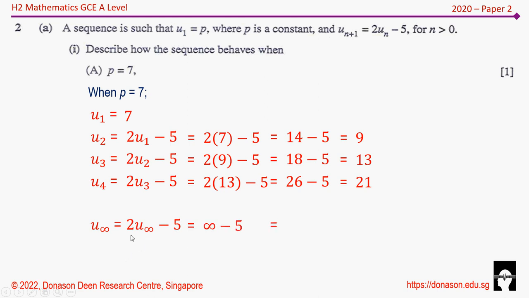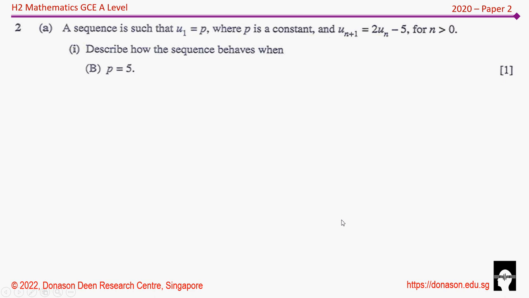When you take twice infinity, it will also be infinity, and from infinity if you subtract 5, compared to infinity, 5 is such a small number, it would still be infinity. So as the sequence begins to increase and become larger and larger, the value will become bigger and bigger, and it would tend towards infinity.